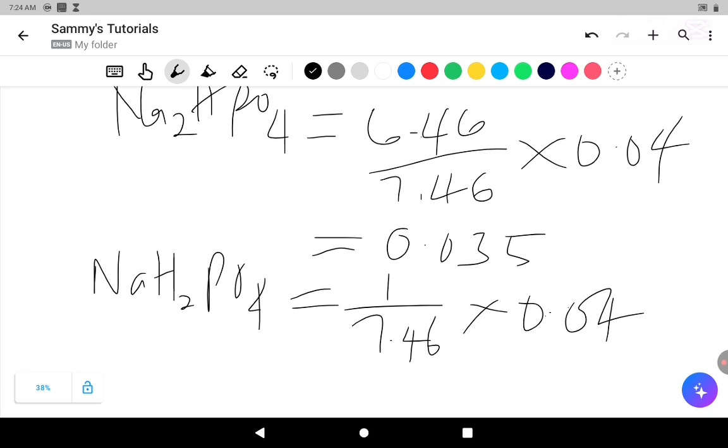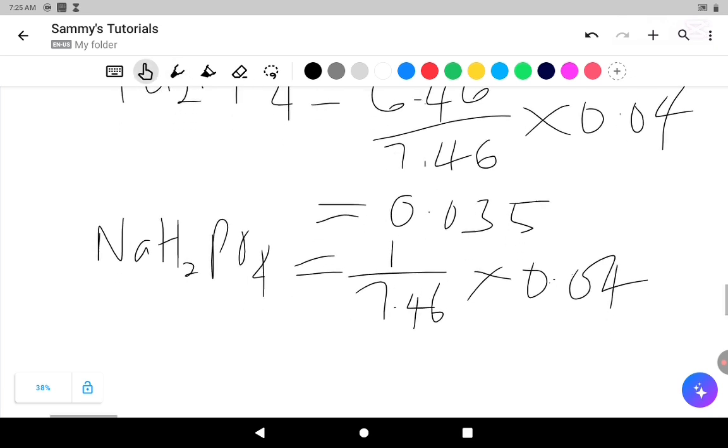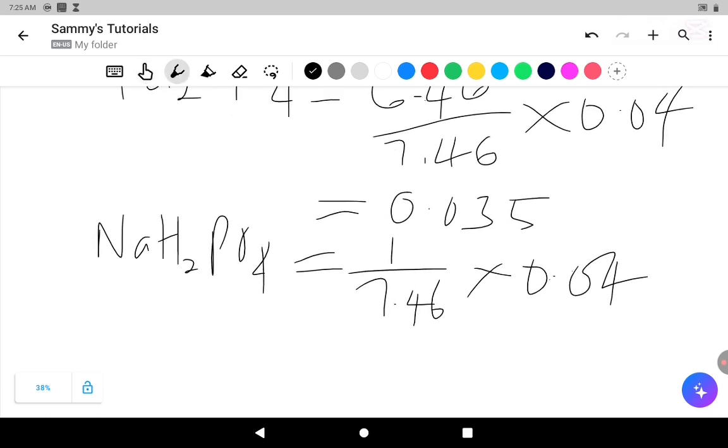Your answer is 0.0053, and you are going to put it like that: 0.005.